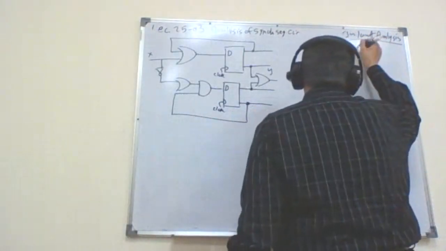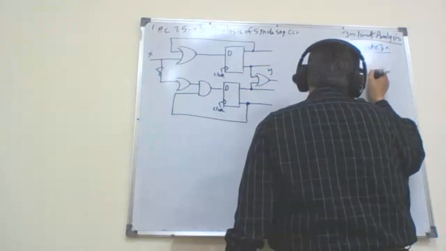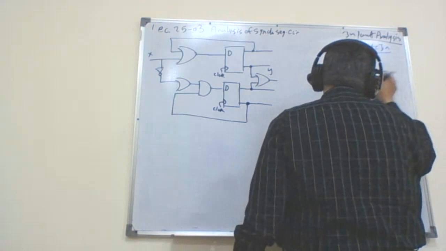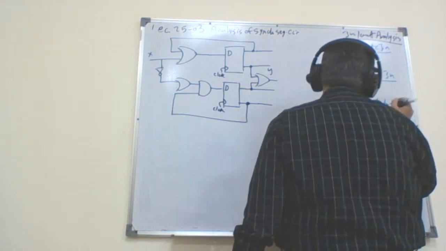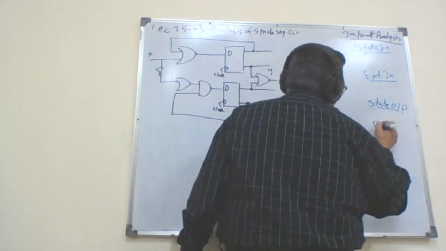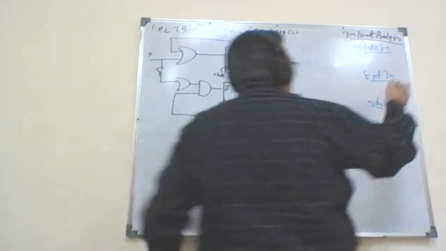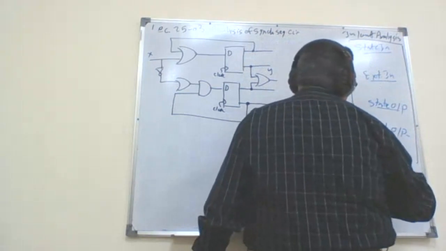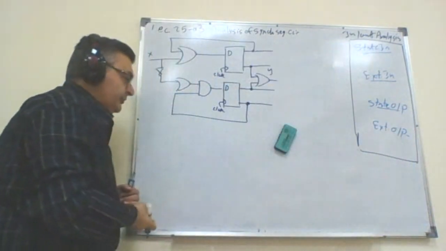As we mentioned, we have what are called the state inputs, the external inputs, the state outputs, and the external outputs. This is the table or the analysis that we used to do before we go and do the analysis for our circuit here.